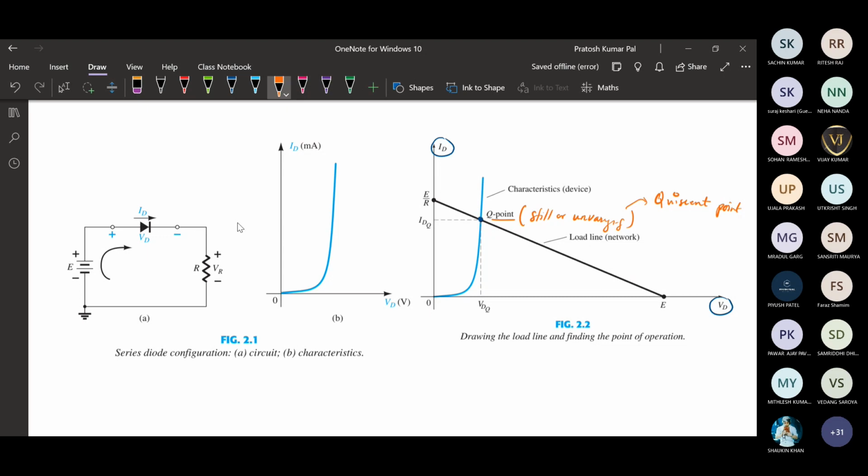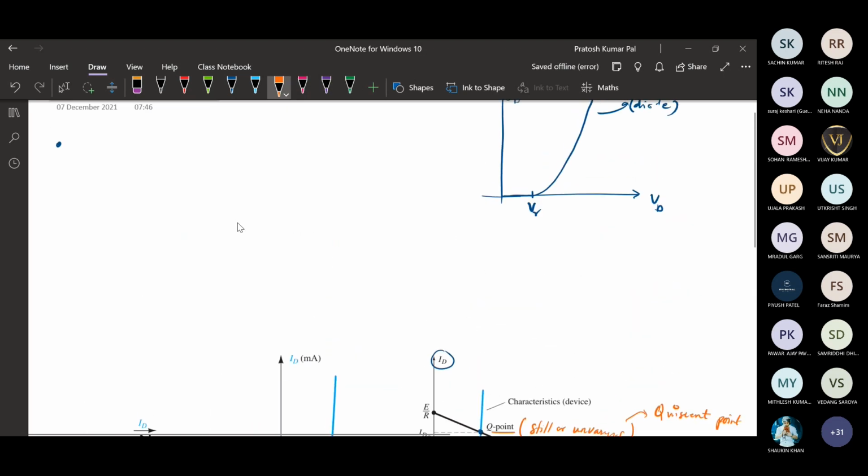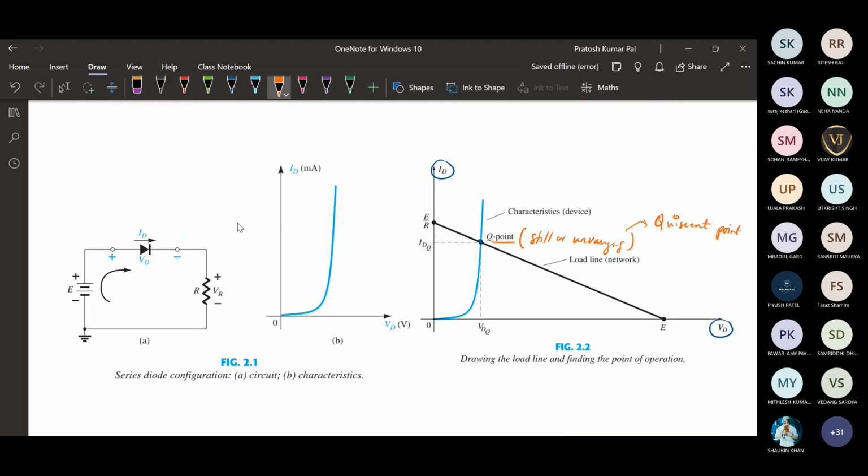Here, the straight line that we draw is the relation between ID and VD. So ID and VD for the complete network give us a straight line, and this straight line is called the load line. This load line is for the complete network of the circuit.